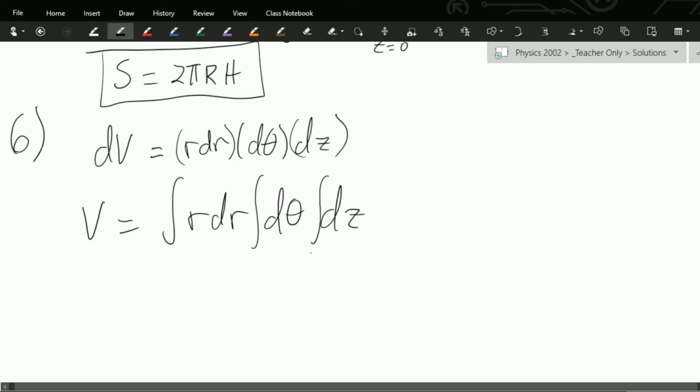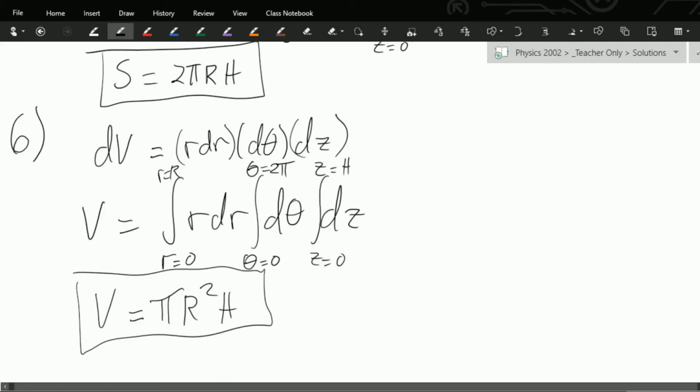And then we say z is going to go from 0 to z is equal to h. Theta goes from 0 to theta is equal to 2 pi. And then this one is going to go from r is equal to 0 to r is equal to capital R. And when we do this one, what we end up finding is that this is going to be pi times capital R squared times h, okay, as we would expect.